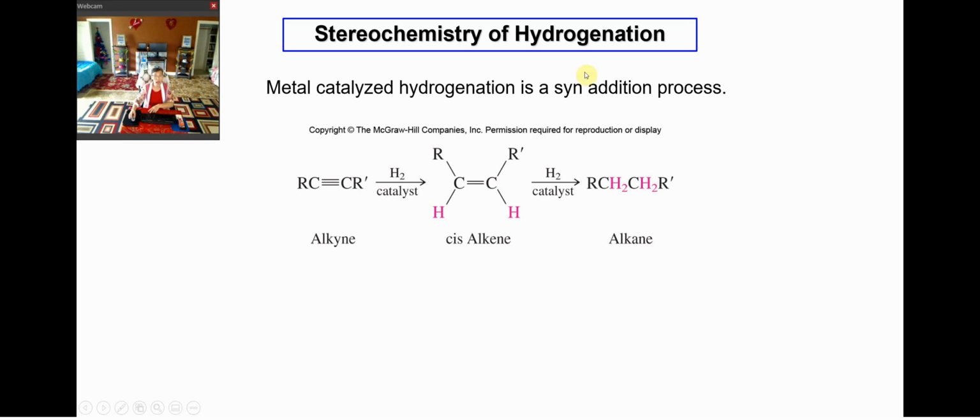This hydrogenation actually is a stereoselective reaction. Most of the metal catalyzed hydrogenation is a syn addition process. If the alkyne reacts with 1 mole of hydrogen under catalyst, you are going to produce a cis alkene.